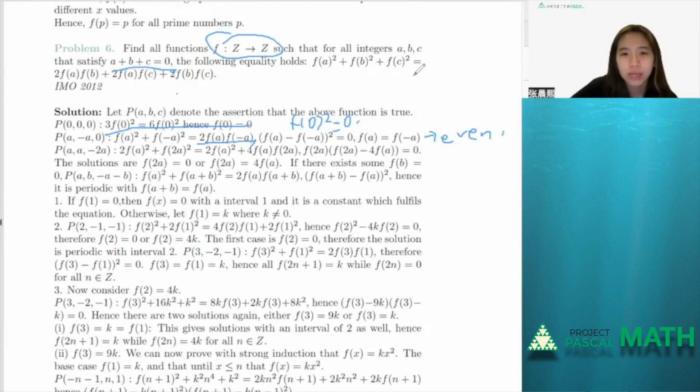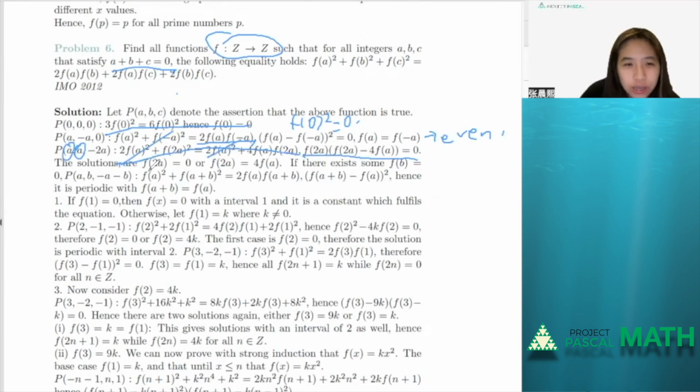And then similarly, you work with another substitution, where you assume that a equals b, and then c equals negative 2a. You substitute in again, you can cancel this out, and then you get this value.